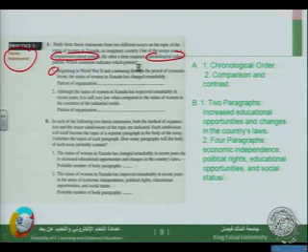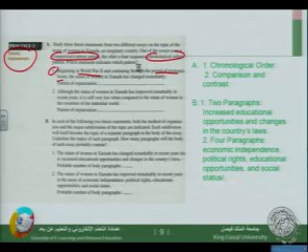Okay, what is the pattern of organization? It's a chronological order. How come I know? أول شيء بداية في الحرب العالمية الثانية وثم through the economic boom. So we have different periods.